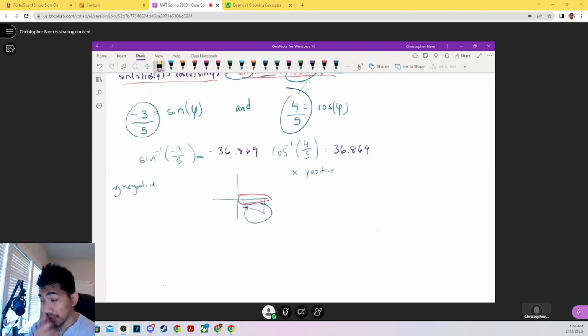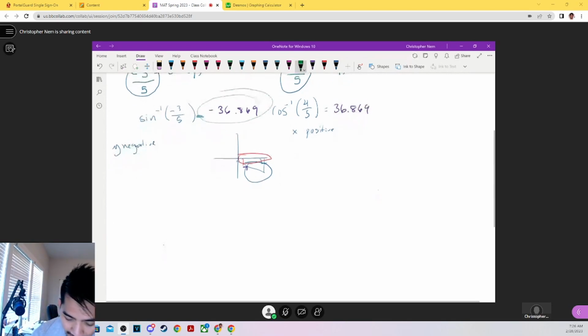So how do you know which one is the correct one? We know our angle lives in the 4th quadrant because sine is negative, cosine is positive. Well, looking at these angle measurements, 36.869 is in the 1st quadrant. However, negative 36.869 is in the 4th quadrant, so this actually does work. So we want this angle measurement that's in the 4th quadrant.